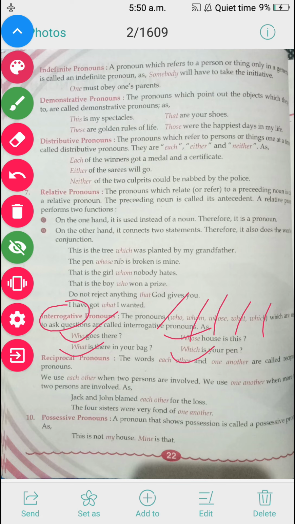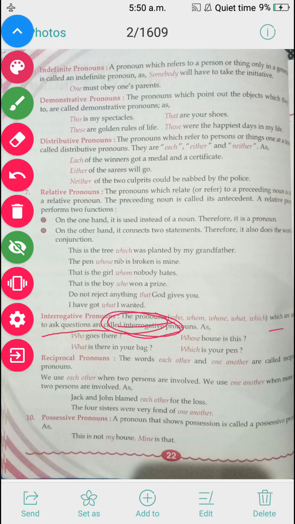So these are interrogative pronouns. The pronouns which are used to ask questions are called interrogative pronouns. Okay, so these are interrogative pronouns.